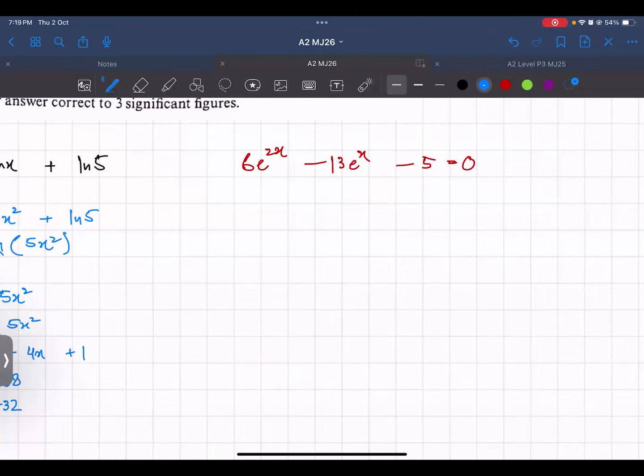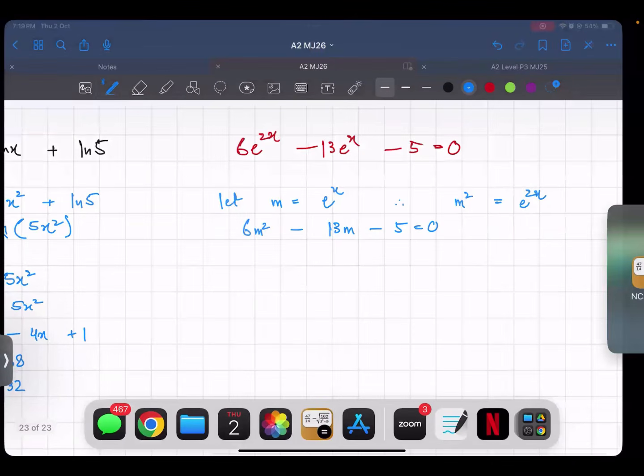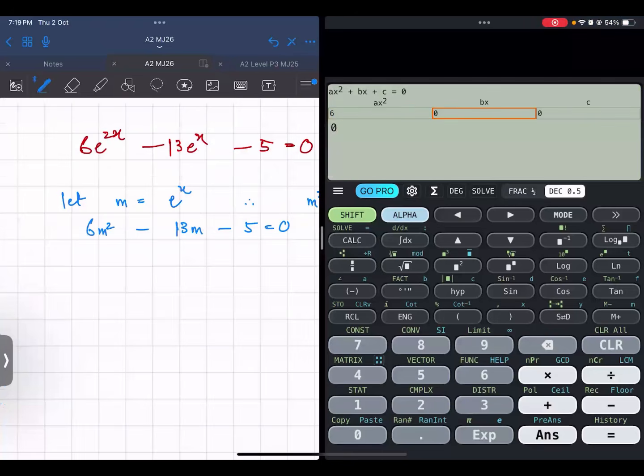So in this one, you can see, let m, any other variable, be e power x. So this would lead you to m square being e power 2x. So now you can replace the e power 2x with m square: m square minus 13m minus 5 is equal to 0. And then you solve the same way, now you will get answers for m.